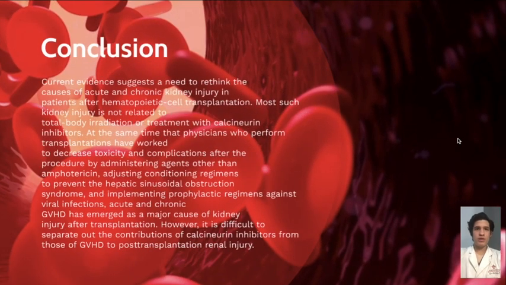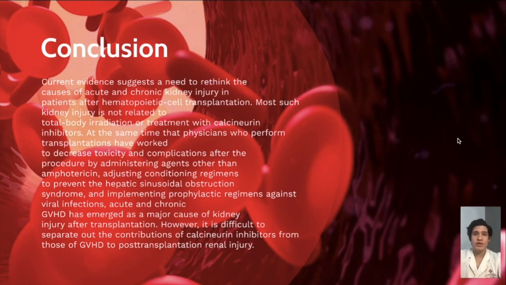In conclusion, while current evidence suggests a need to rethink the causes of acute and chronic kidney injury in patients after hematopoietic cell transplantation, most such kidney injury is not related to total body irradiation or treatment with calcineurin inhibitors.